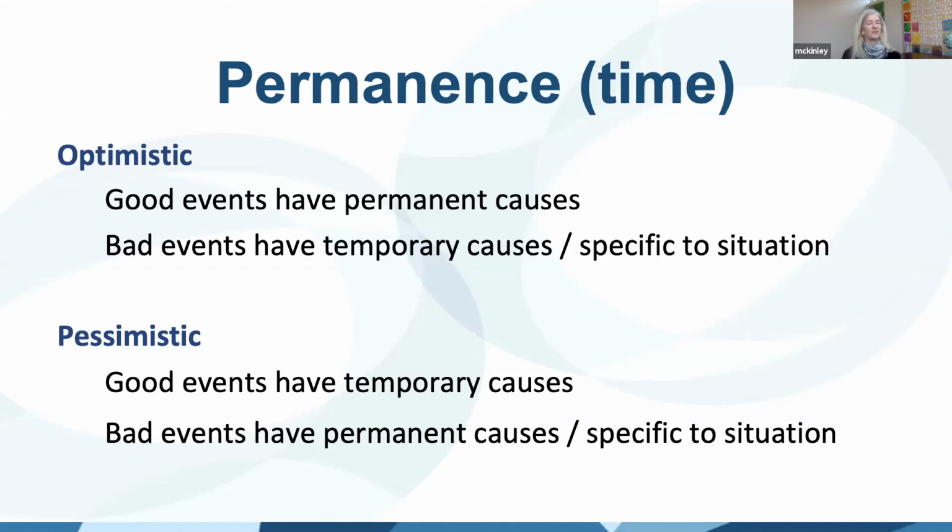I'll talk about this a little bit more later. If you view bad events as temporary and specific to the situation, then that's something you can change. If you view bad events as having permanent causes, like you don't trust the reviewing system, then there's no hope for you to make your paper and your research better so that it gets in.